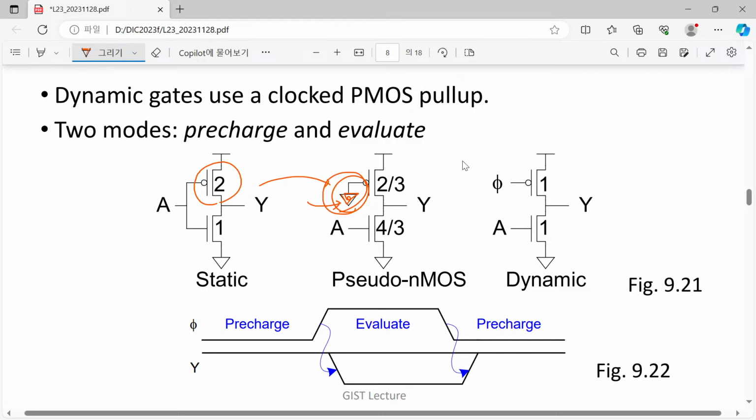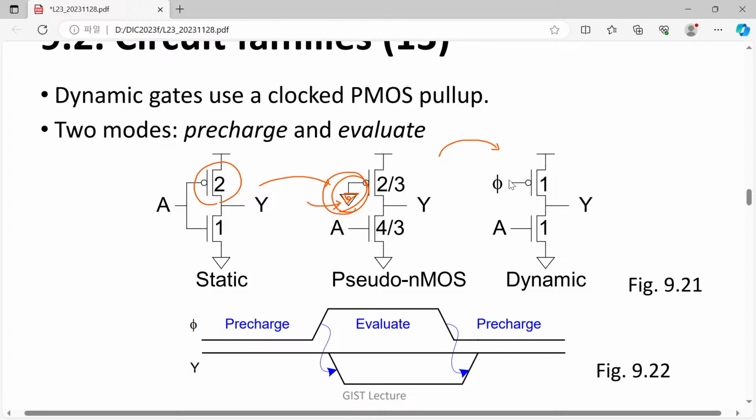So the next idea, instead of this pseudo NMOS implementation, is the dynamic one. The dynamic one also separates this PMOS out of this input one. Still, we have an additional signal which is not directly related to A value. So when we consider A value, still we don't have any contribution from P MOSFET.